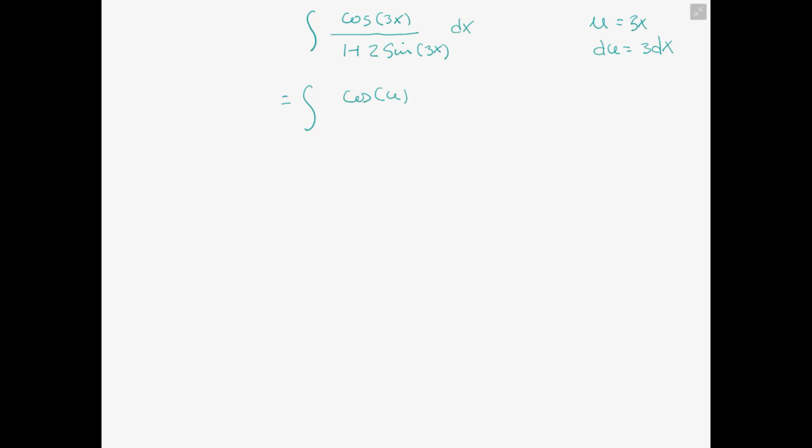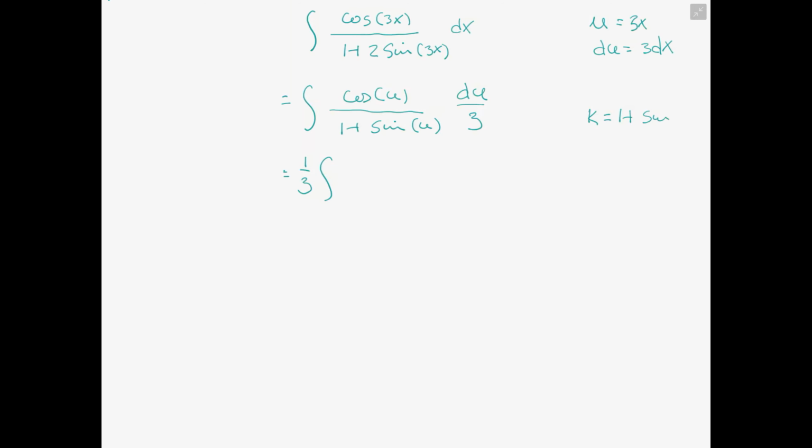We have u equals 3x, du equals 3 dx, and so we have cosine u over 1 plus sine u, and dx is du on 3.